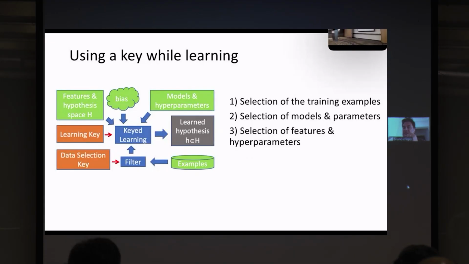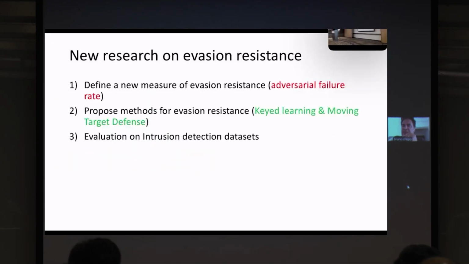This is the state of the art, and now we pass to the third part of the talk, where I tell you what we did that is new, starting from the state of the art I just described. In particular, we have introduced a measure for evasion resistance.